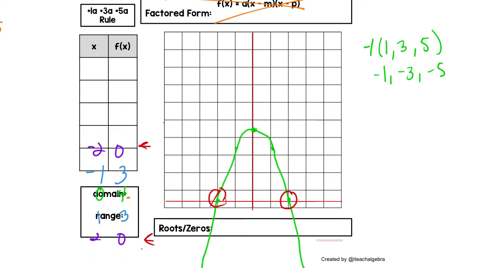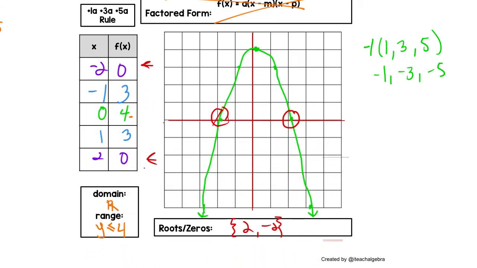Another thing I forgot to mention above is that if A is negative, your parabola opens down. If A is positive, it opens up. So we knew ahead of time that our parabola was going to open down because our A value was negative.